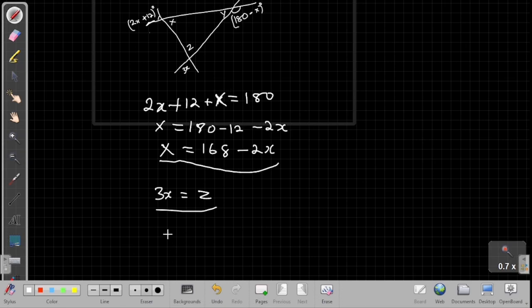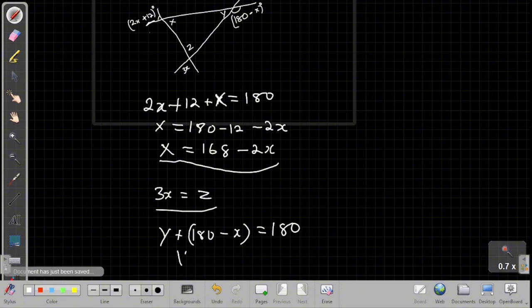So we'll be using that also. So meaning that we have y plus 180 minus x, right, to be equal to what? To be equal to 180. That's what we are saying, right? So don't forget that we are making y the subject of the formula. So take everything down to the other side, which will give us 180.